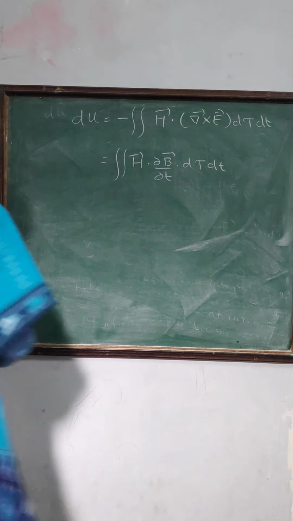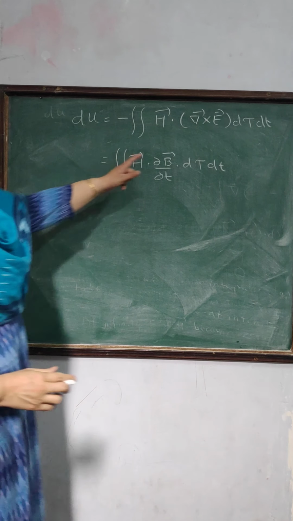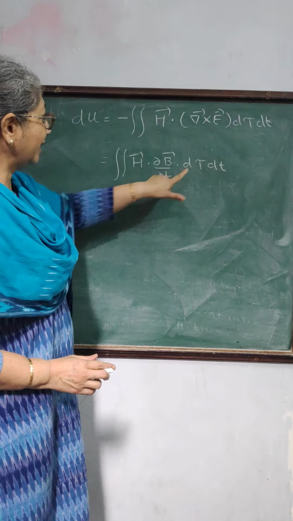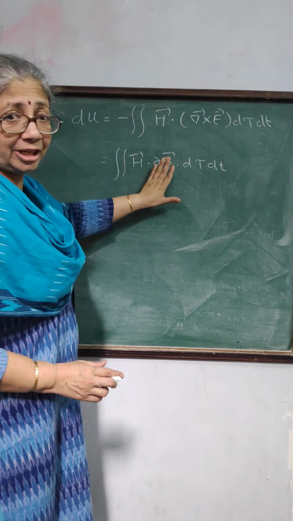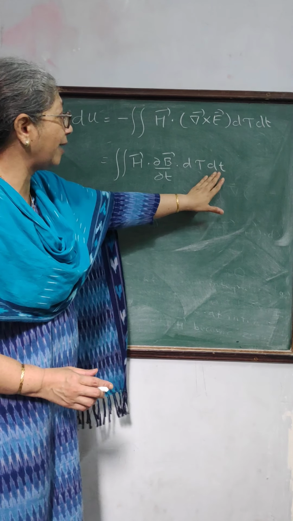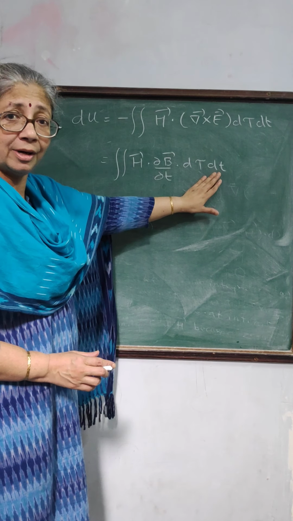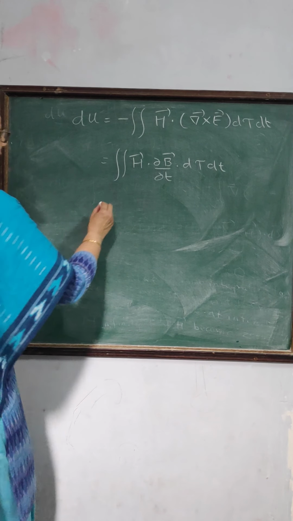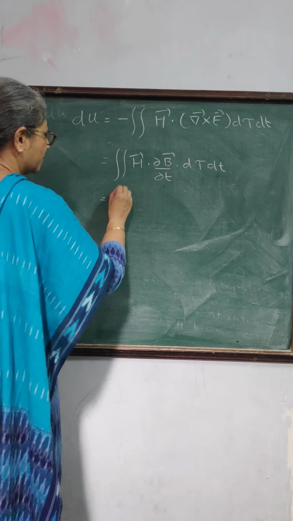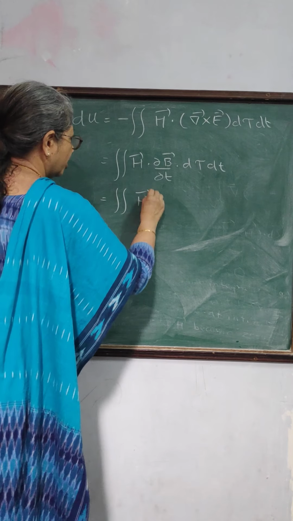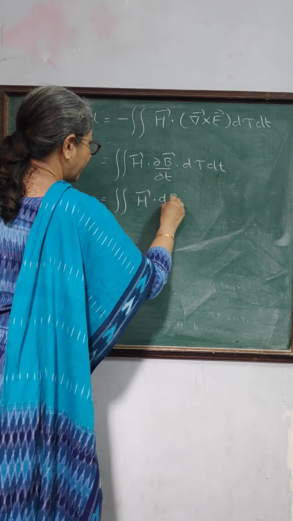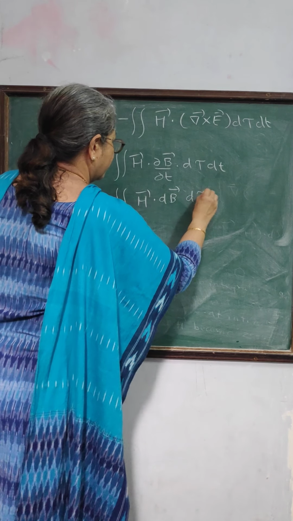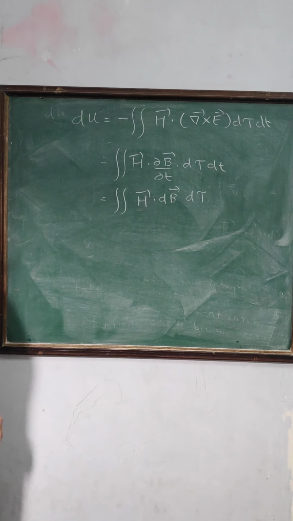Now here you have differentiation with respect to t and integration with respect to t, so both will nullify each other. As a result, this becomes H dot dB d tau.